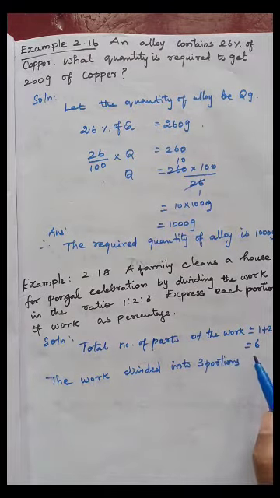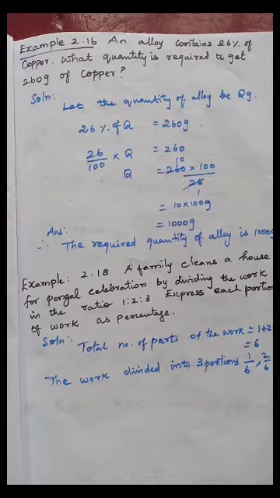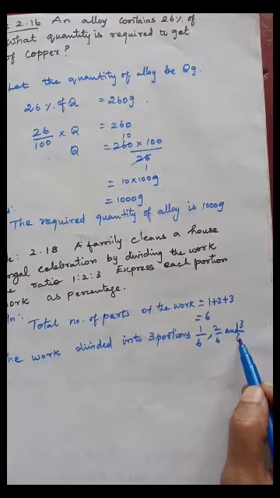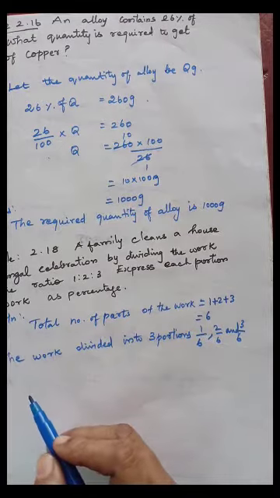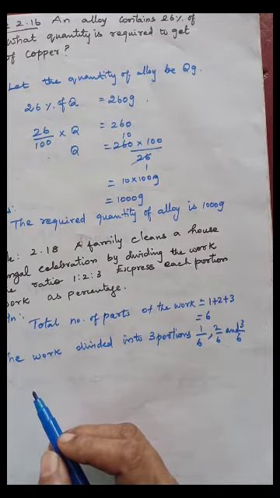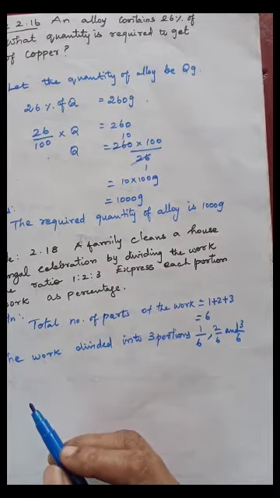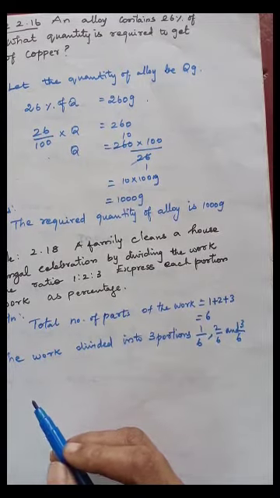That is 1 by 6, out of 6, 1 portion. Then the second is 2 by 6. Then the third is 3 by 6. Okay. Now we shall calculate one by one the percentage.